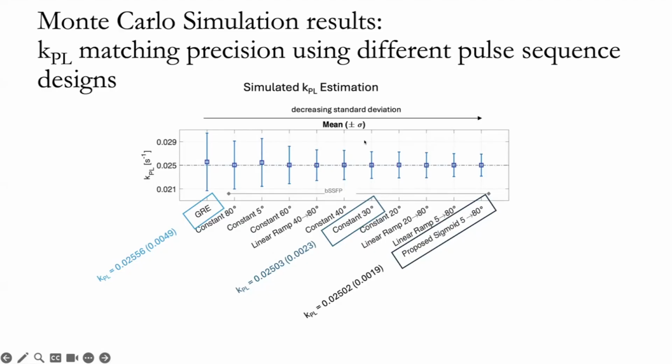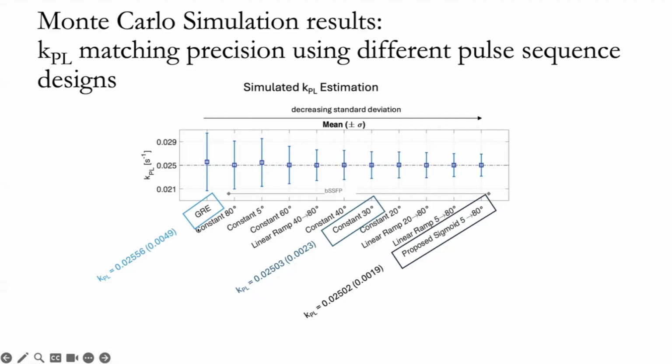And this was a very basic Monte Carlo experiment to explore the different, using our now arbitrary, unlimited pulse sequence design space. What are the possible different pulse sequence designs we should possibly consider?